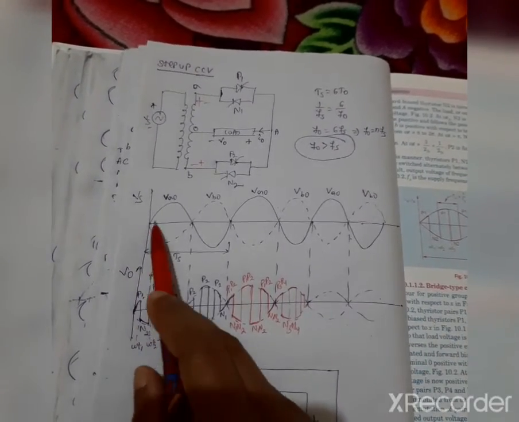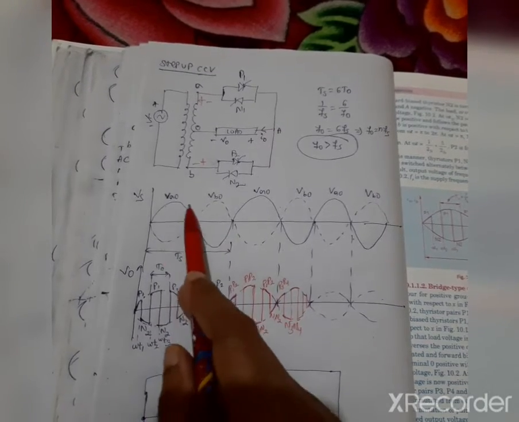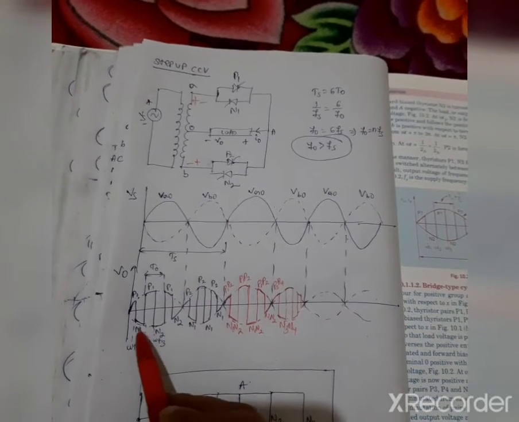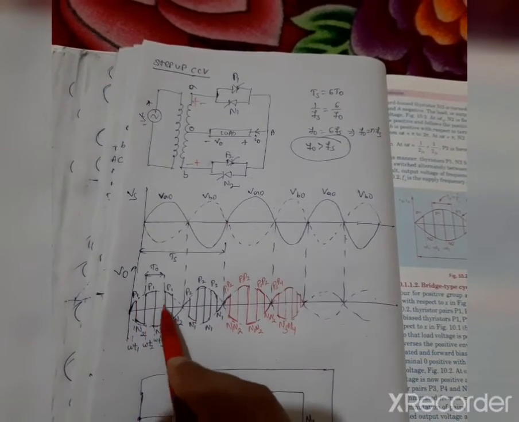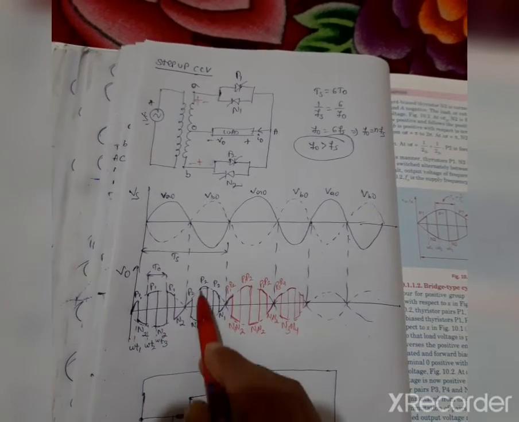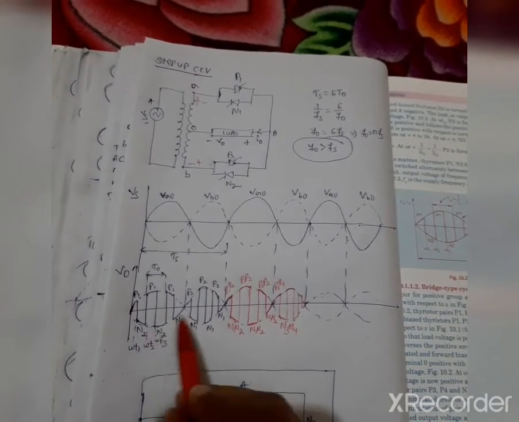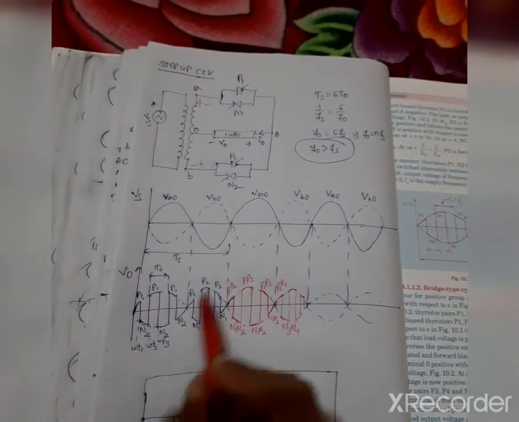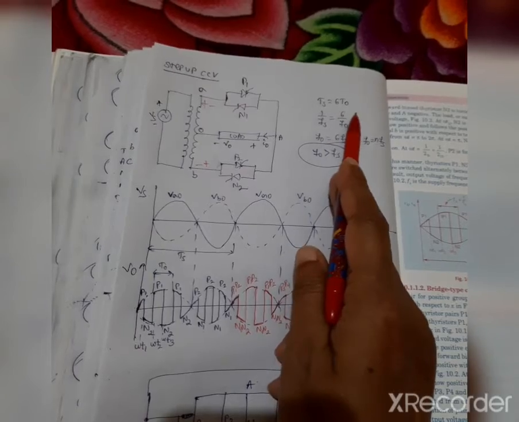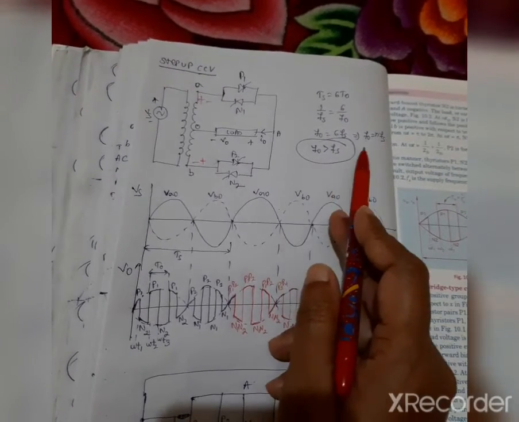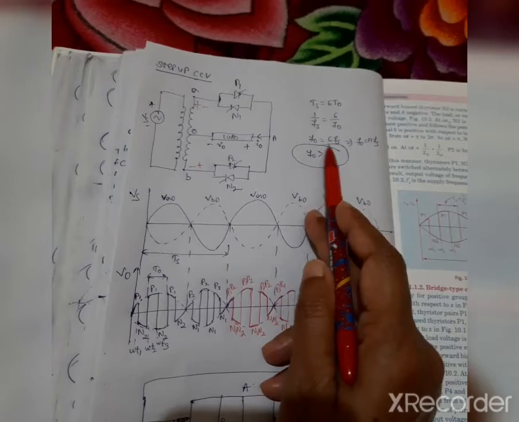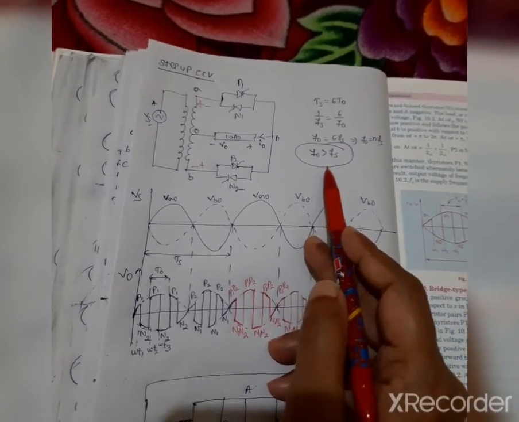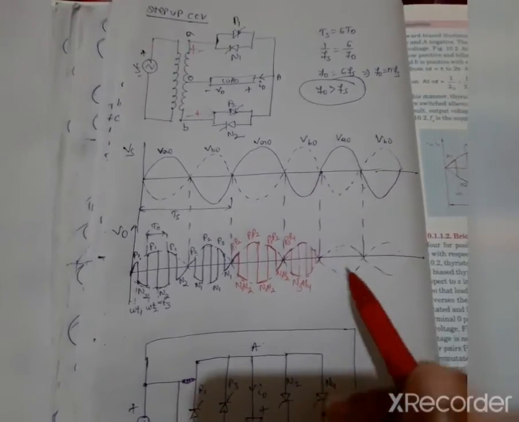That means in one supply time period we found six output time periods. So at last we found that f0 is equal to 6fs, that is f0 is equal to n fs, f0 greater than fs. This is the conclusion of the step up cycloconverter.